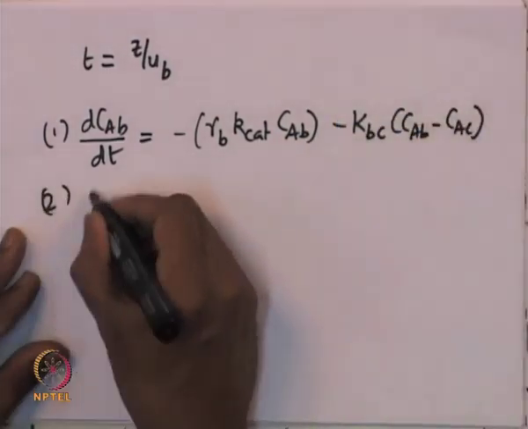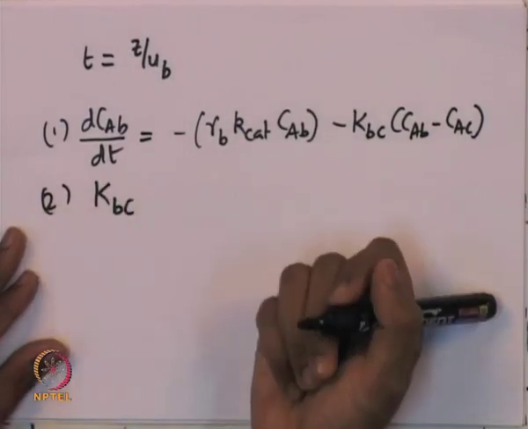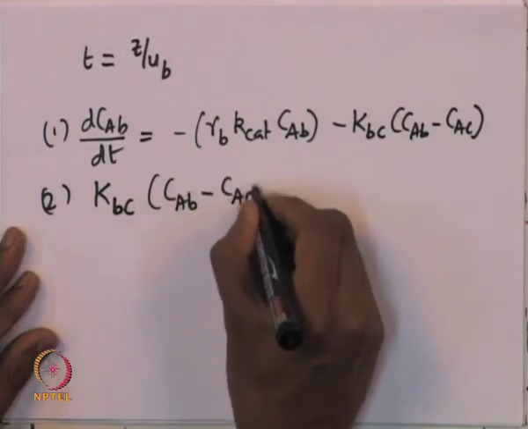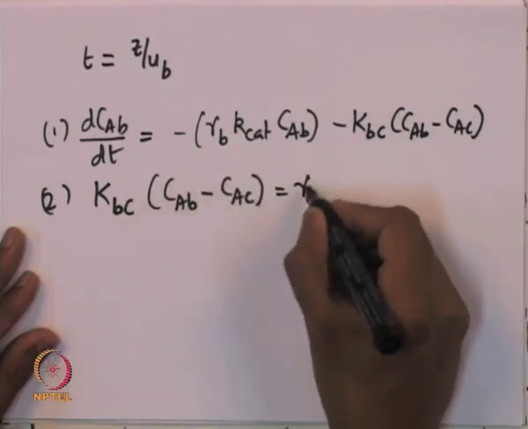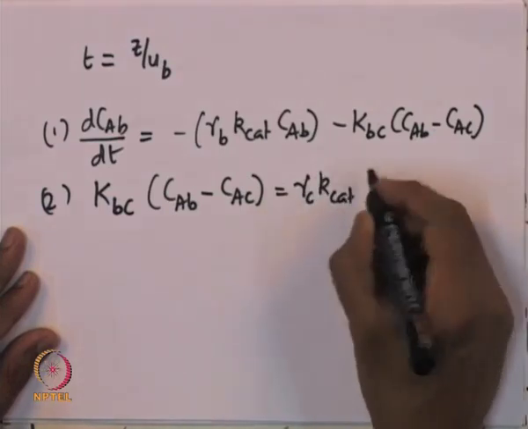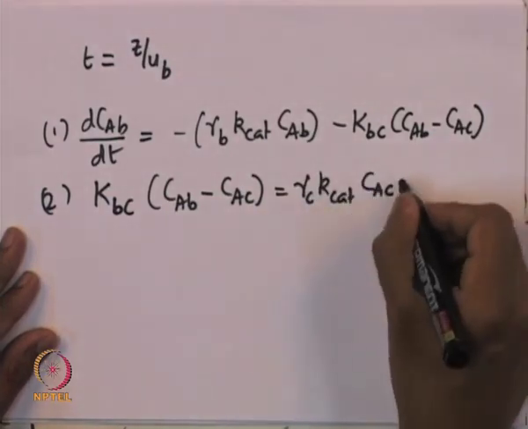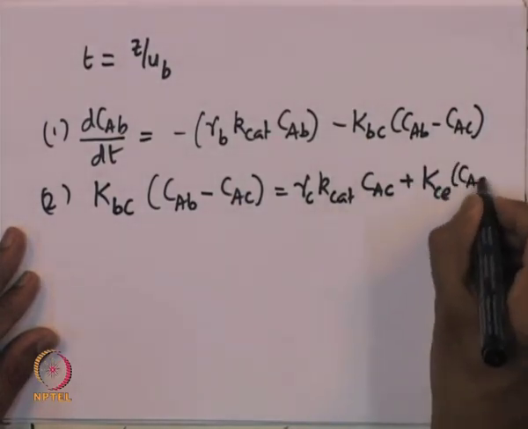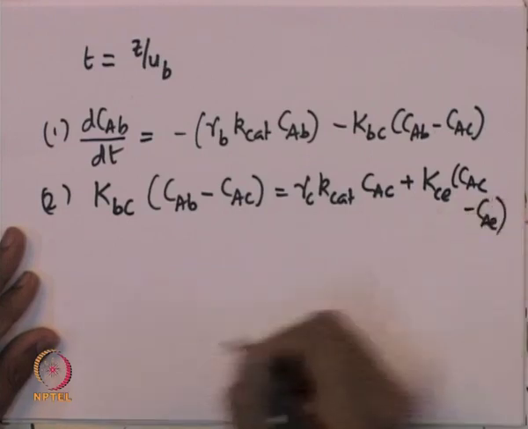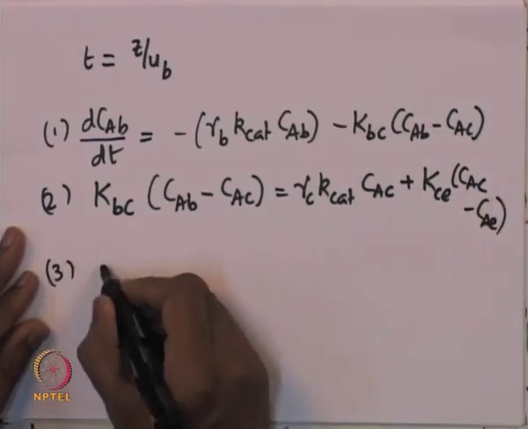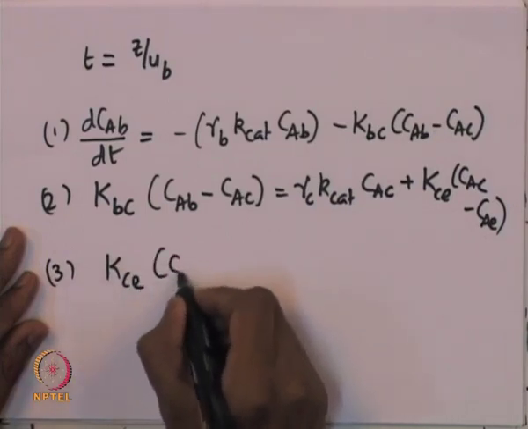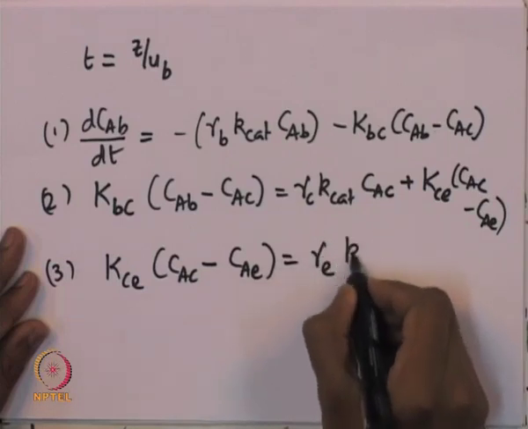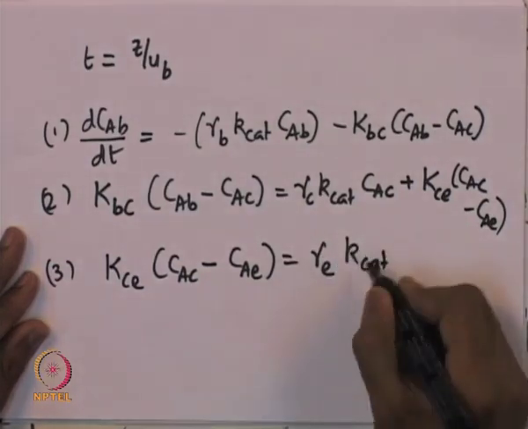The second equation is KBC, the mass transport coefficient between the bubble and the cloud phase, multiplied by CAB minus CAC, which should be equal to gamma C into the rate constant for the catalytic reaction into CAC, plus the mass transport coefficient KCE into CAC minus CAE. The third equation would be KCE into CAC minus CAE, which should be equal to gamma E into the rate constant for the catalytic reaction into CAE.